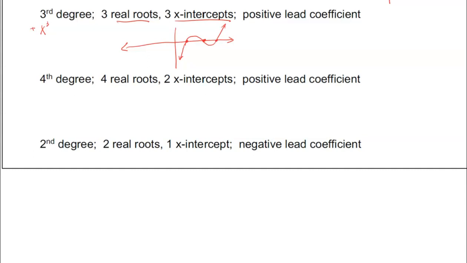4th degree. So it's going to be x to the 4th with a positive, so it's going to open up like that. Okay. That's what the end behavior is going to look like. It has 4 real roots, 2 x-intercepts. So 1 x-intercept could be a multiplicity of 2, and 1 x-intercept could be a multiplicity of 2.